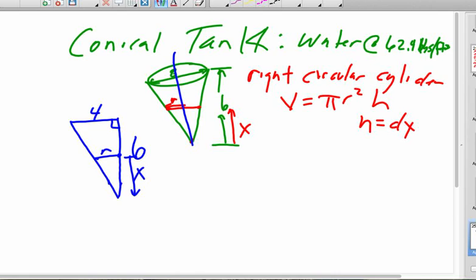So what we've got are two similar triangles. I've got this little one here, and then I've got the big one here. And if you remember, with similar triangles, you can get this by setting up your ratios, which would be 4 over 6 equals r over x. And normally we go ahead and reduce that.